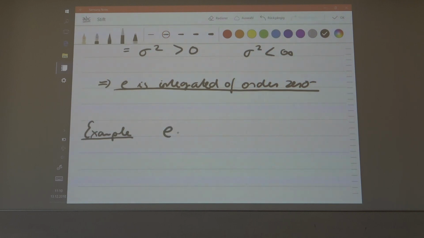For instance, ET should be equal to epsilon t minus epsilon t minus 1. Maybe you remember this: a moving average process of order 1, the first order moving average process.